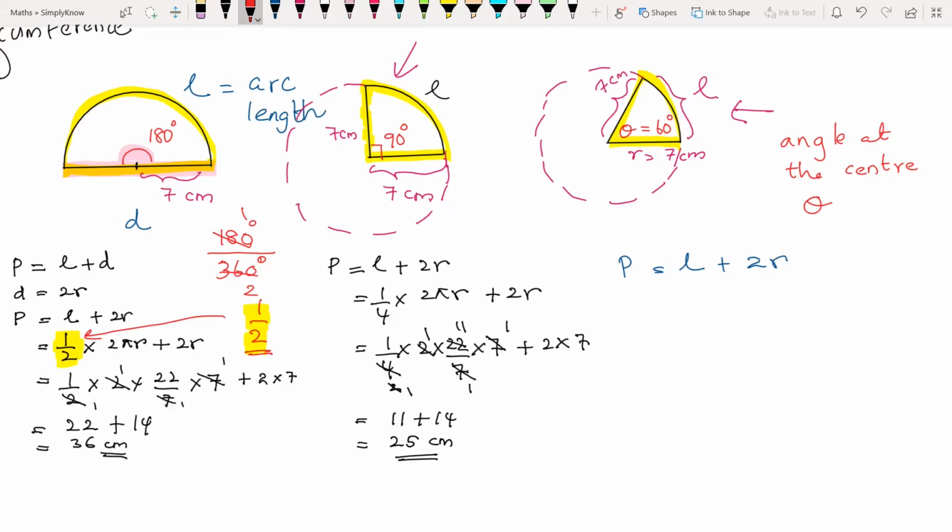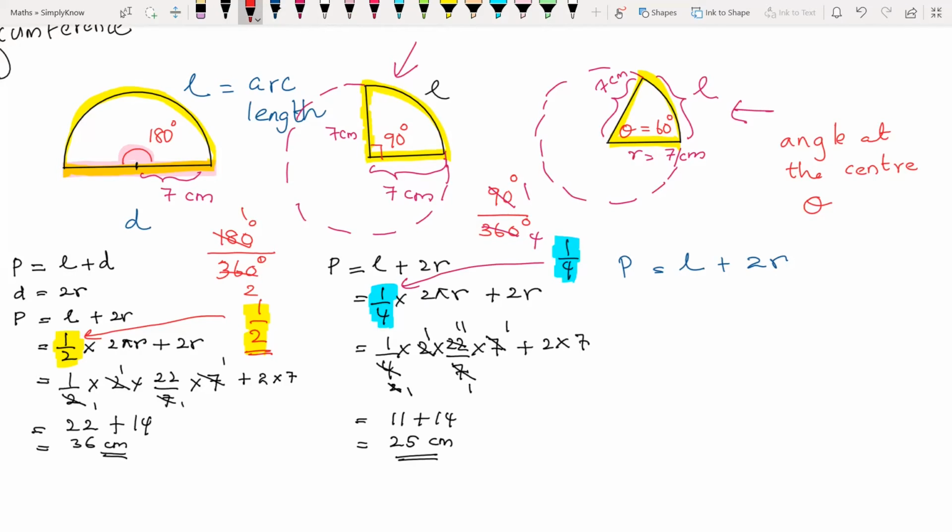So if we write the angle at the center of this quarter of the circle as a fraction of the total angle at the center of a circle, which is 360 degrees, we get a quarter when we simplify it, because 9 times 4 is 36.